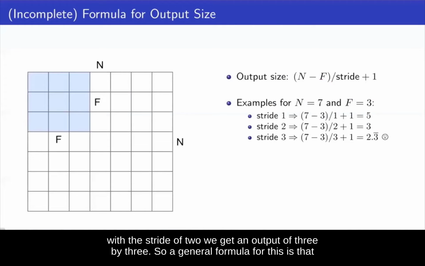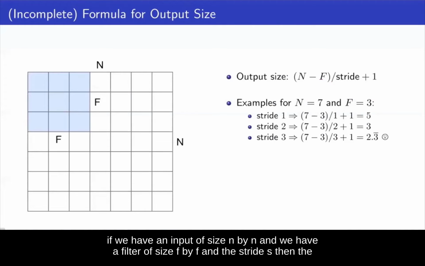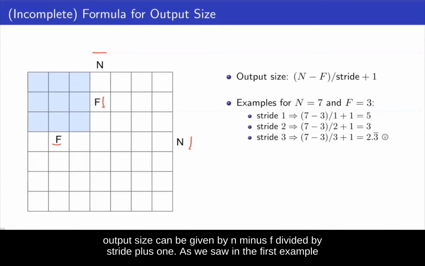A general formula for this is that if we have an input of size n by n, a filter of size f by f, and the stride S, then the output size is given by (n minus f) divided by stride, plus 1.